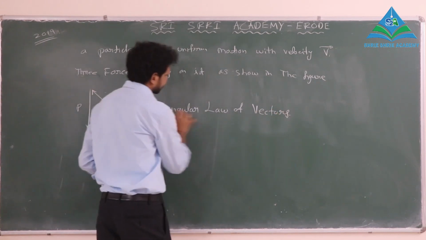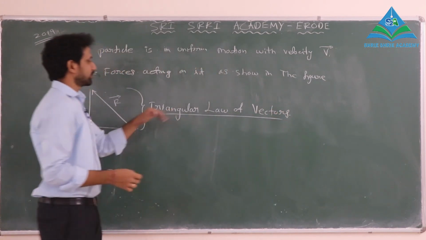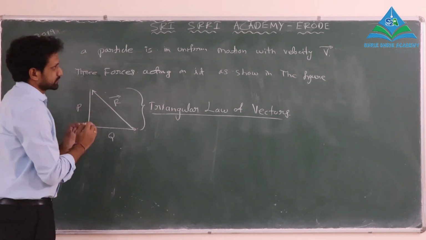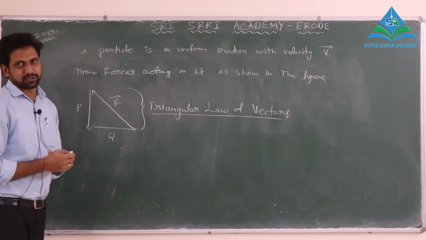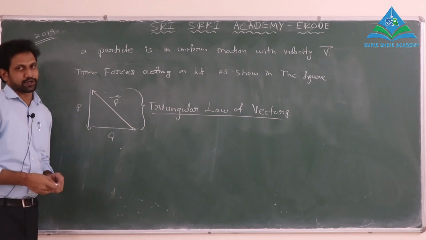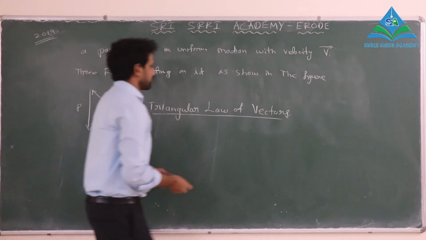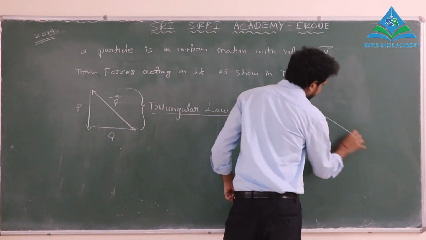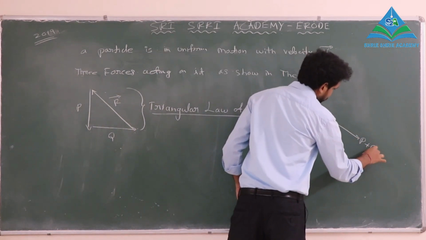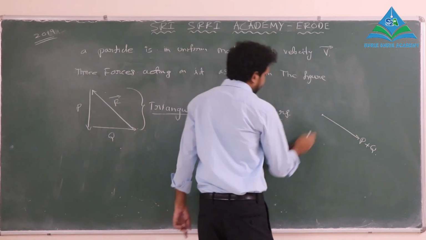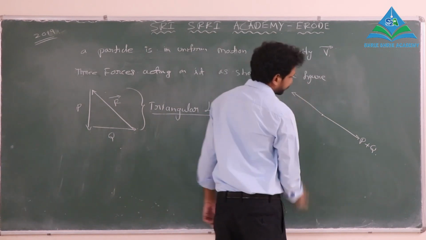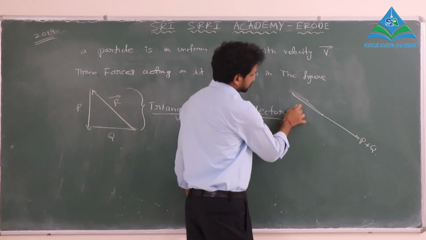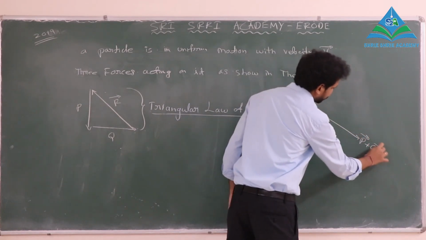If you remember the meaning of this triangle law of vectors, you can directly answer yes, the particle is in uniform motion even if the forces are acting on it. Because the resultant of P and Q will be in this direction, but R is in the opposite direction with the same magnitude.